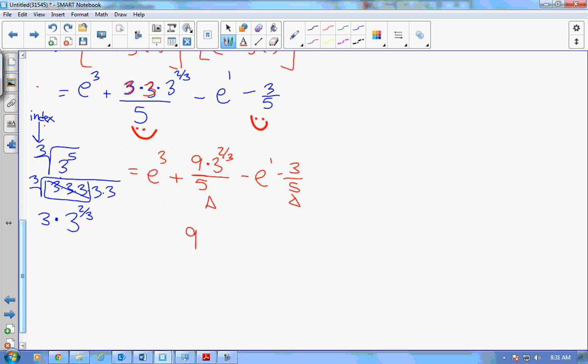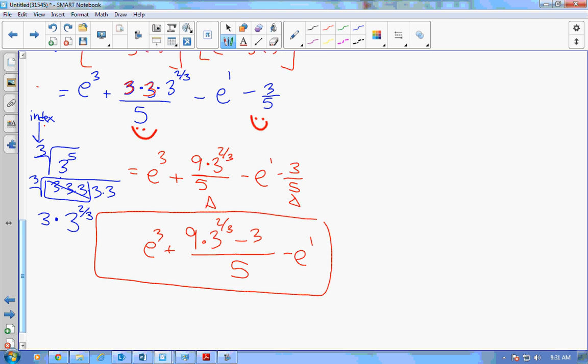So that's about all you can do. Okay, and that's about as far as you can go without a calculator. If that's for a decimal and it's on a calculator section, then you can plug it in. So that is the integral from 1 to 3 of e to the x plus x to the 2/3 dx equals that.